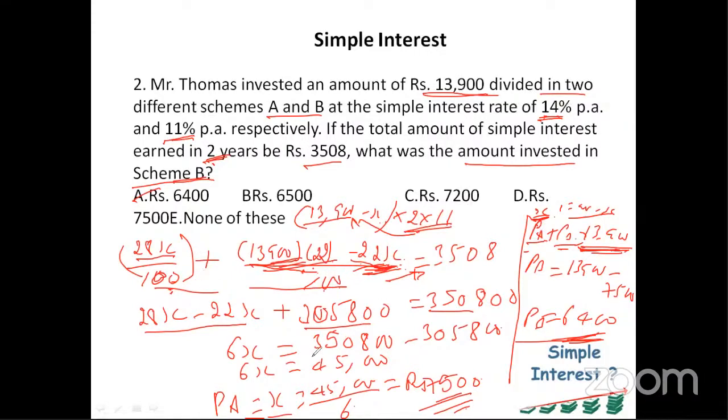Then on doing the simplifications, you will get the answer as X. We get the value for X, rupees 7,500. X means PA, that is the principal amount. Then PB means 13,900 minus X, that is 13,900 minus 7,500. That is PB is equal to 6,400.